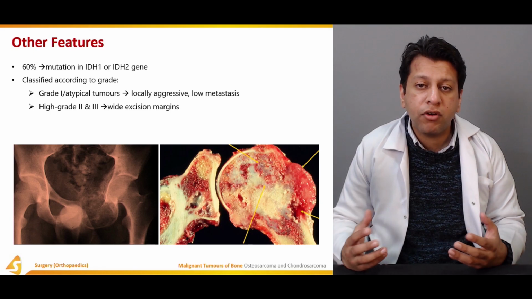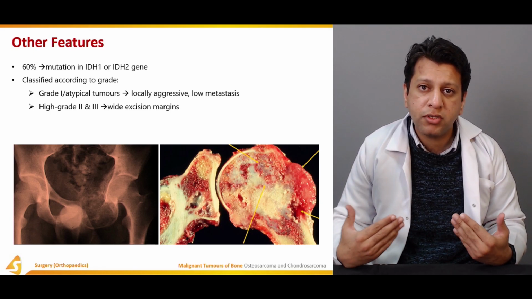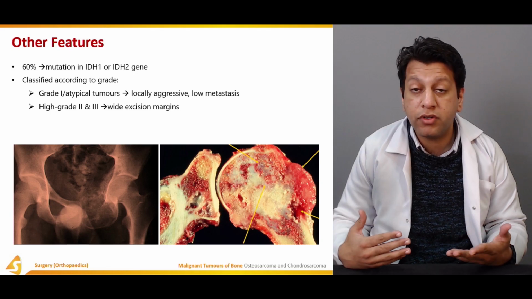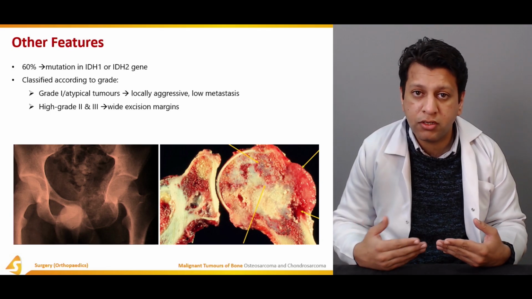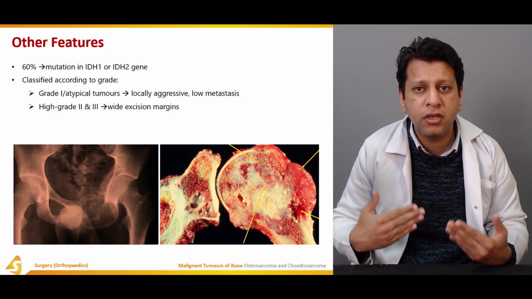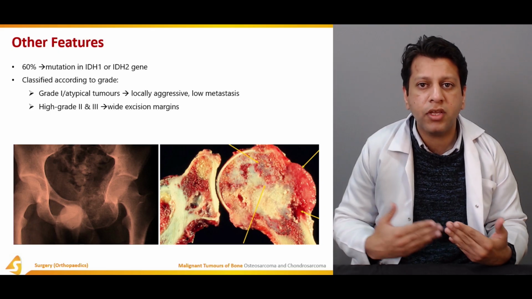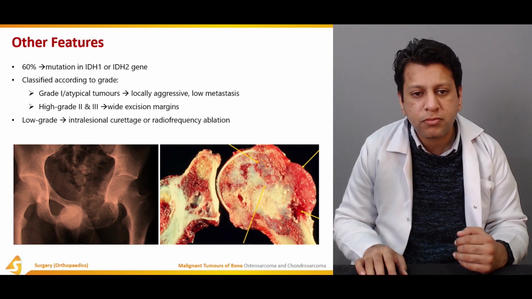Once we have taken the biopsy, we can mention the grade of the disease, how aggressive this tumor is. If it's high grade, it has to be dealt with aggressively. If low grade, it still needs to be dealt with aggressively, but not as aggressively as high grades.